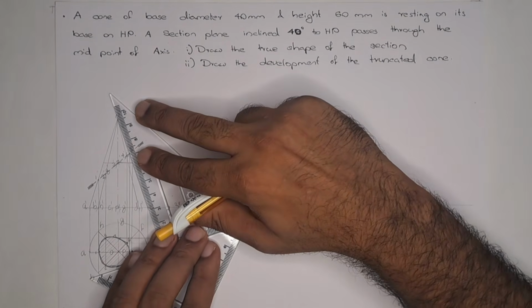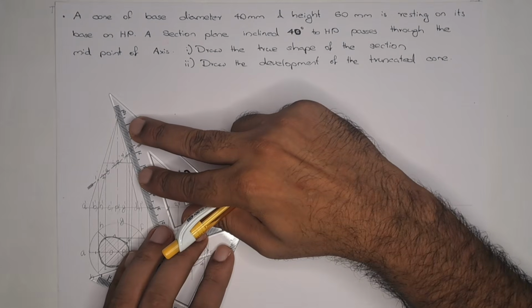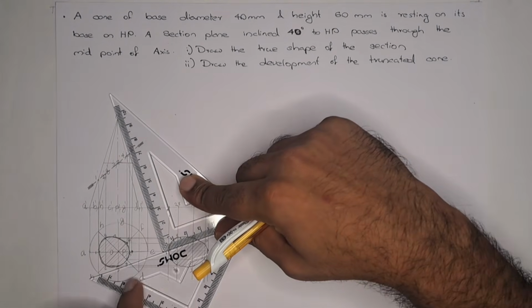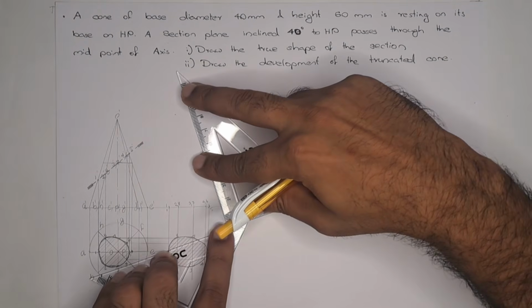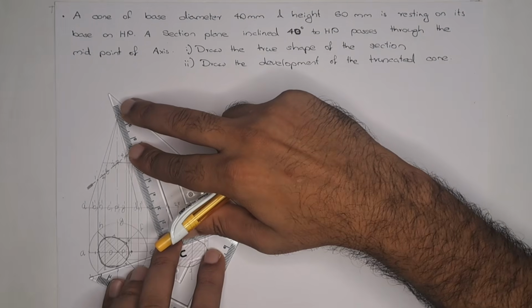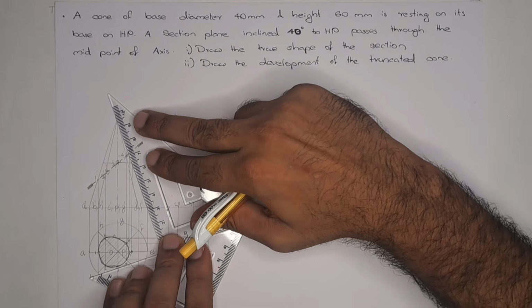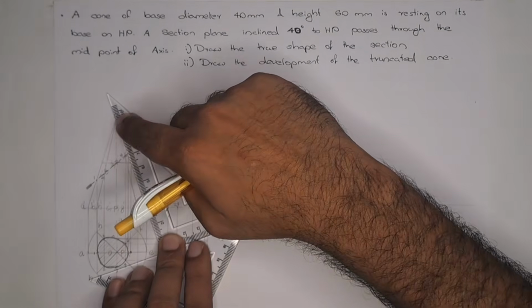We can set one scale parallel to the line and the second set as a guide. Here we can get the parallel line. Once again, you can watch it clearly. One line is kept parallel.